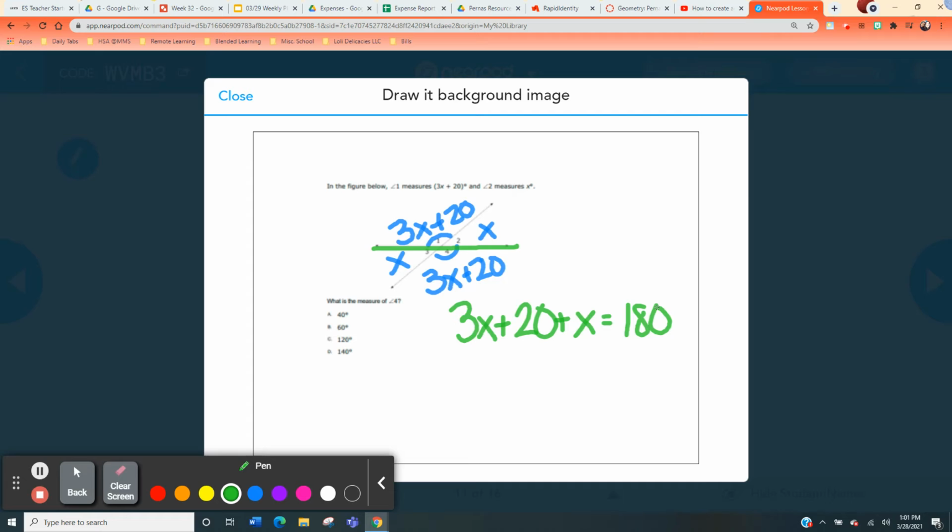So you can do either or. I'm going to do it this way. So from here, I'm combining like terms. So 3x plus x is 4x plus 20 equals 180. I'm going to subtract 20, sorry.